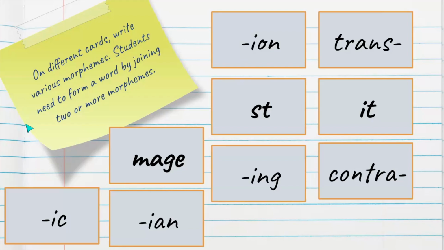You could do this if you wanted to review when you do S and when you add ES to make a plural. So contrary to what you might find in commercially available resources, the general rule of thumb is if you increase the number of syllables from the base to the pluraled word, you have added ES.